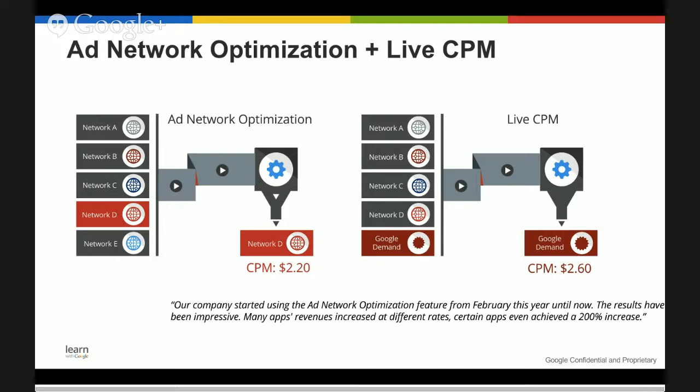With live CPM, we are basically able to create a mediation waterfall, a mediation stack. You will be able to set floor prices for each network. And then our technology, our platform will actually publish the ad that pays the most, coming from each network and from the Google demand sources and from programmatic sources as well.